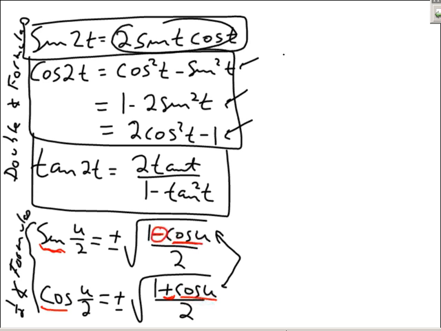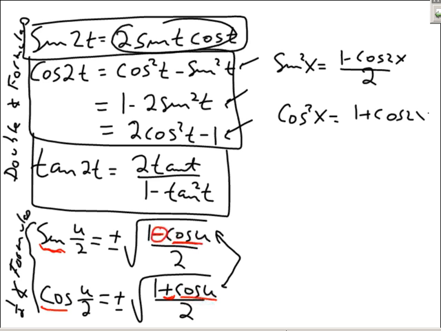We derived at some point that sine squared of x is equal to 1 minus cosine 2x over 2, and that cosine squared of x is 1 plus cosine 2x over 2.